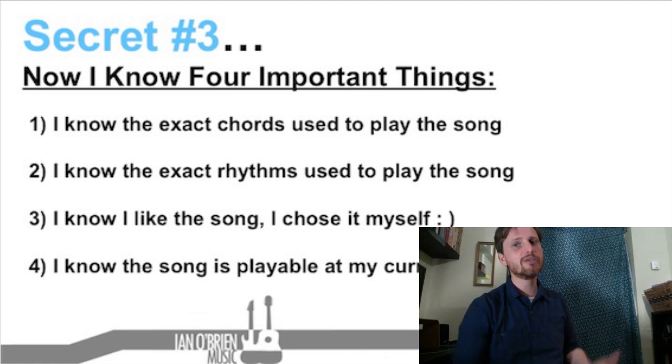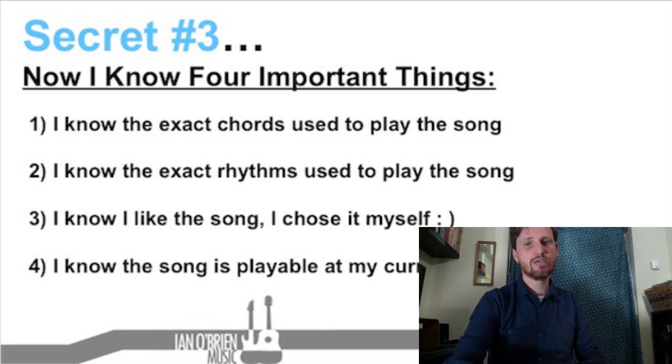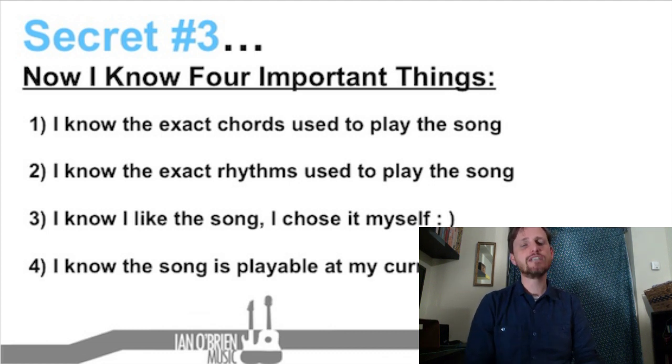Number 3, I know that I love this song because I chose it myself. Number 4, I know that this song is playable for me at my current level. So it'll be a challenge that stretches my ability, but it doesn't break it. It lets me put together the separate skills I'm developing, but it's learnable for me rather than frustrating. I'm not going to get halfway through it and have to abandon it to find a song more suited to my current level.